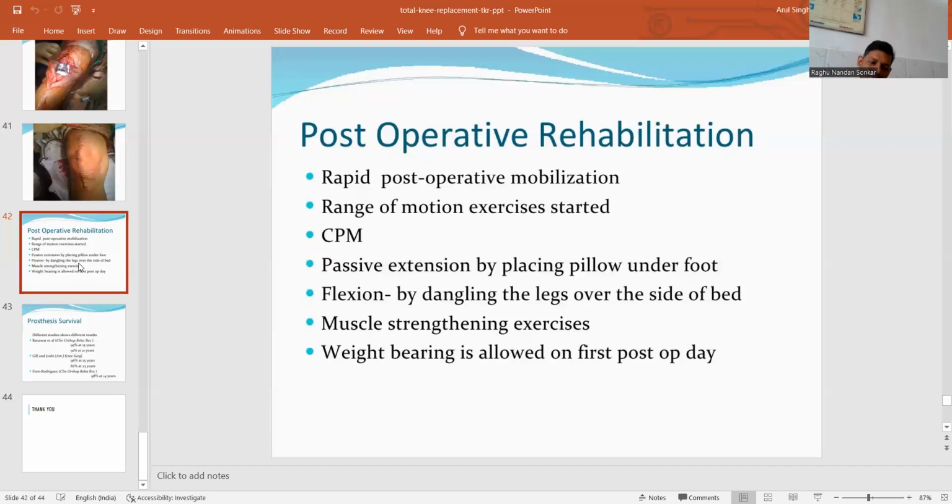When you are inserting an implant, it is indicated in patients over 50 or above 50, then knee replacement is a good option. But when a patient comes below 50, you may be confused, as there is an option of osteotomy or knee replacement.